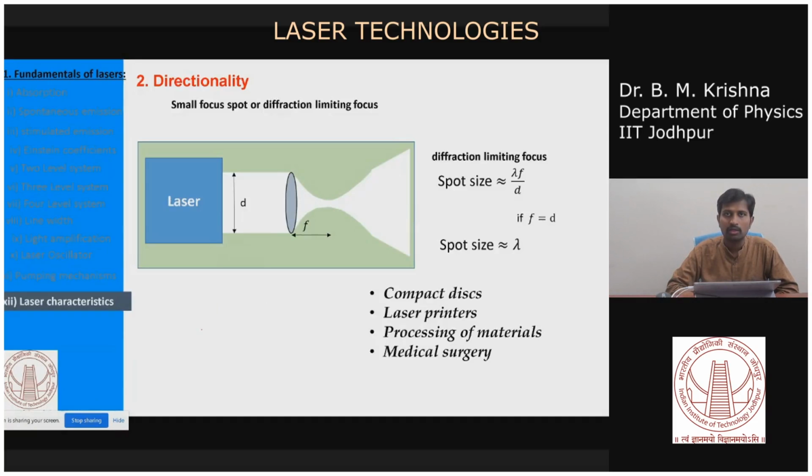But in principle, a lens has a property. Because of the geometry, it is able to focus the beam. This is the optical axis. Whatever light is incident along the optical axis, the wavefront will not be distorted, but in other cases the wavefronts will be distorted. Now this is our planar wavefront. At this point, because this is the optical axis, it will not bend.